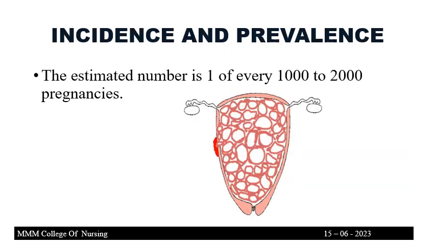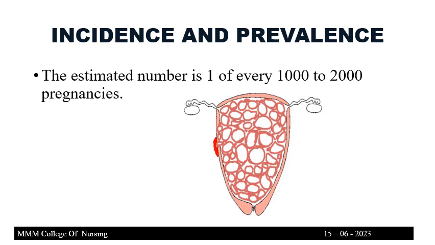Next is the incidence and prevalence. The estimated number is 1 of every 1,000 to 2,000 pregnancies. The incidence of hydatidiform mole is 0.5 to 2.5 in the Western world and 1:160 to 1:400 in India. The risk rises where the mother has previously had molar pregnancies.